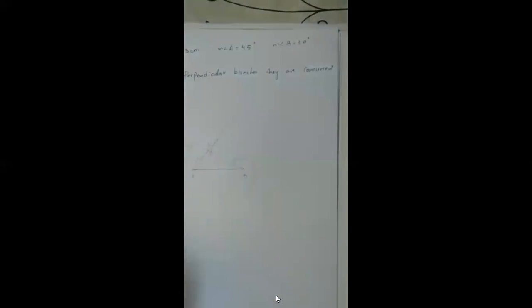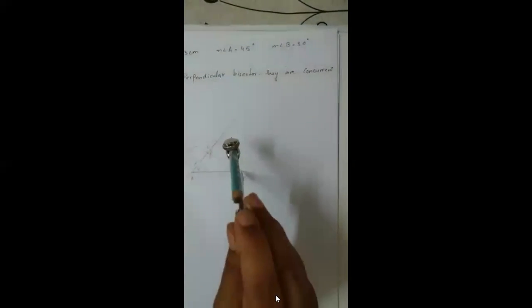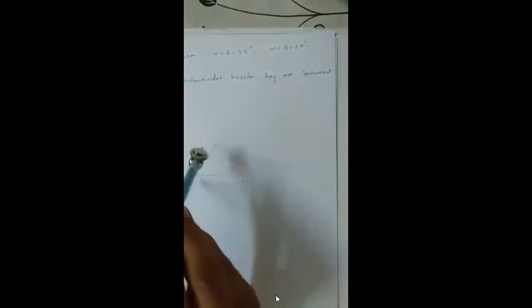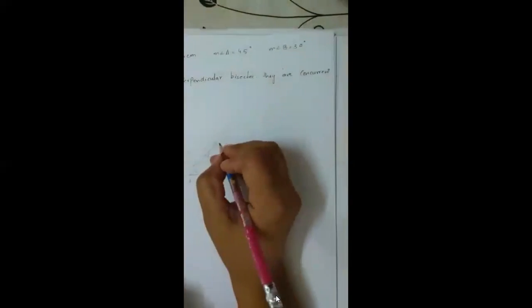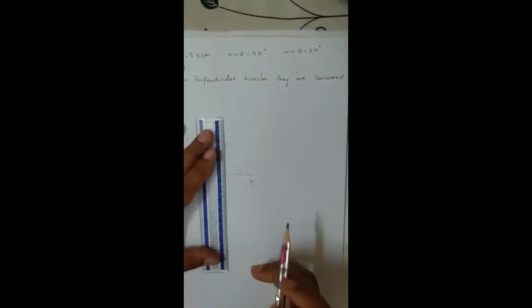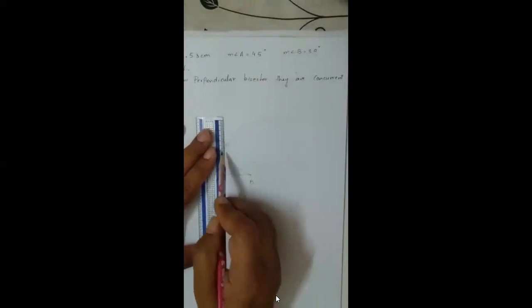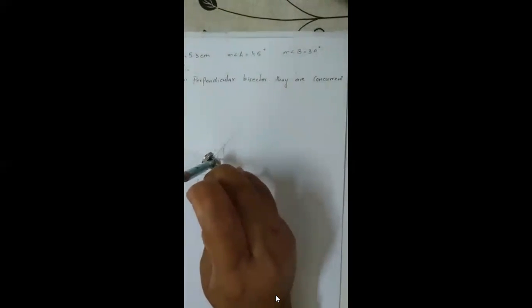For the perpendicular bisector, you open your compass more than half. Now the perpendicular bisector of the other side, more than half.